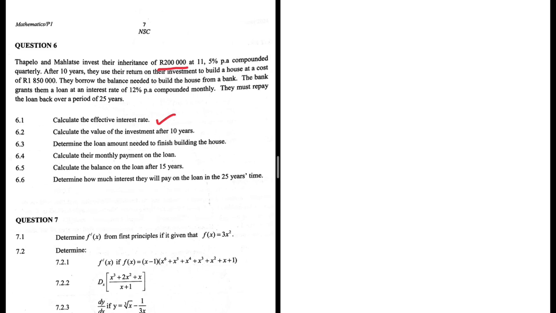Do you see the issue with this question? It doesn't really specify which effective interest rate. Is it for the saving or is it for the loan? Well, we're not really sure there. But let's just calculate the one for the saving and see what we get. The steps that we're going to follow here are the same steps we would follow if we were calculating the one for the loan.